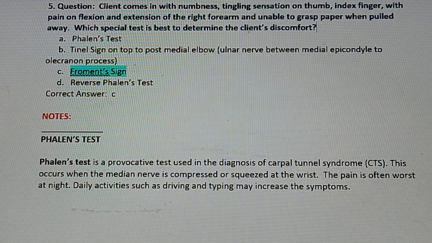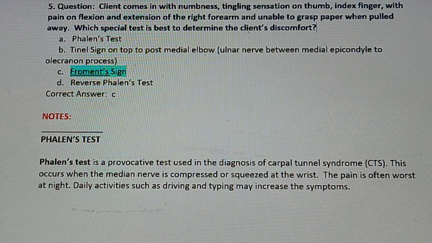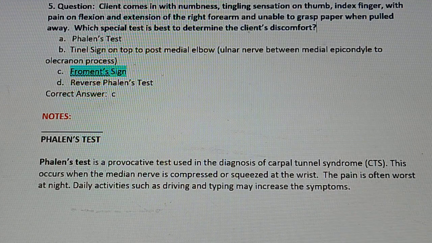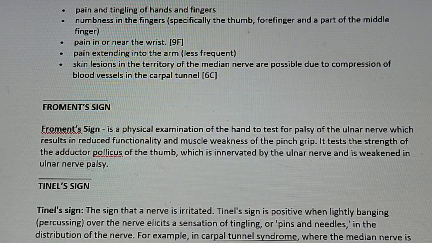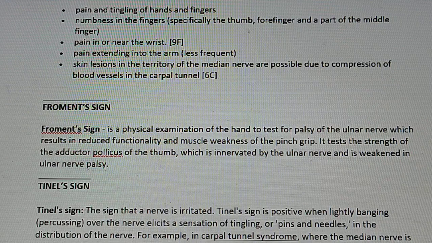The pain is often worst at night. Daily activities such as driving and typing may increase the symptoms. Okay, so there's other information about Phalen test, so let's go forward to Froment's sign.